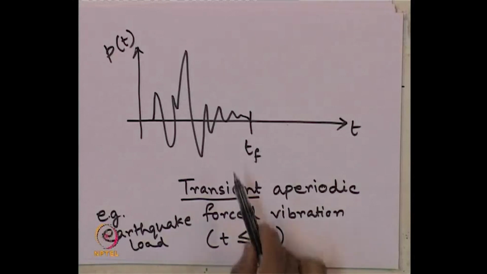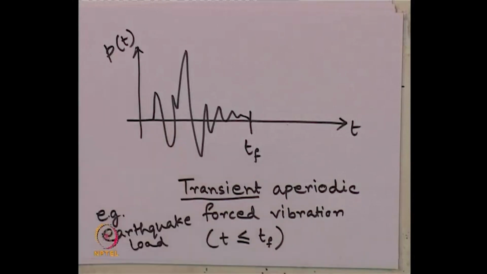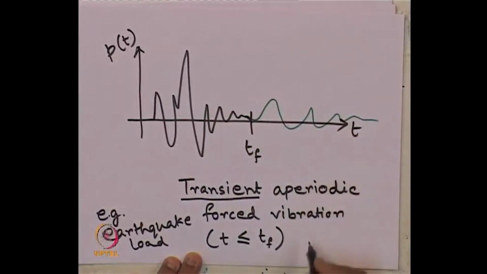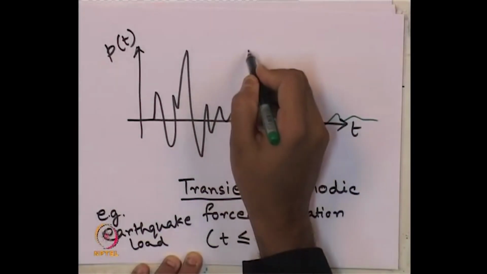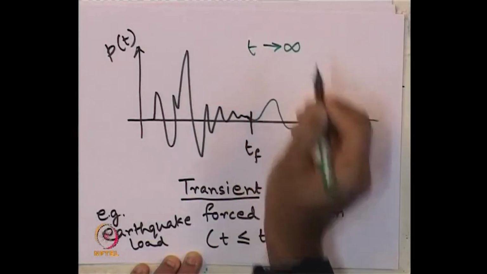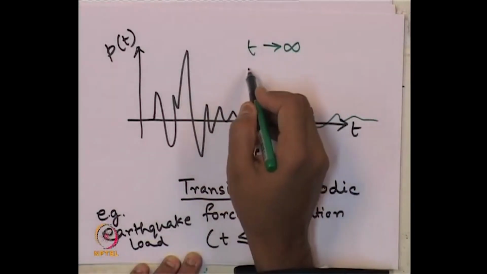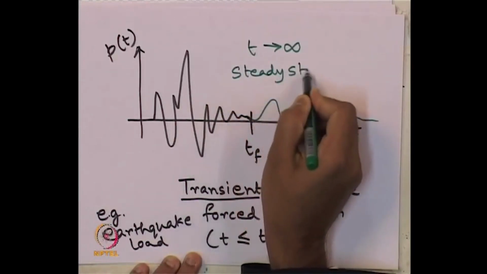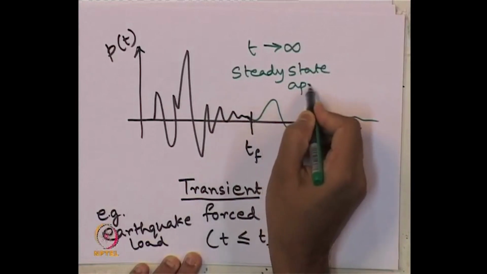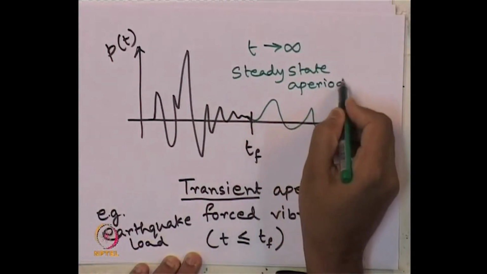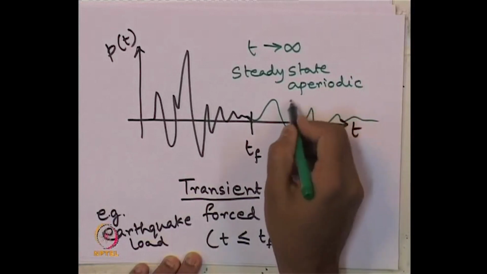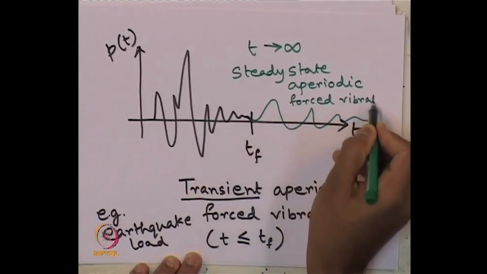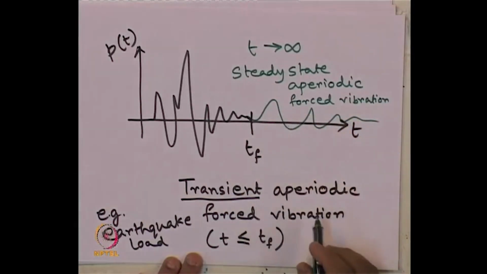Whereas, suppose this externally applied dynamic load keeps continuing for time t tending to infinity, in that case we call it steady state aperiodic forced vibration.